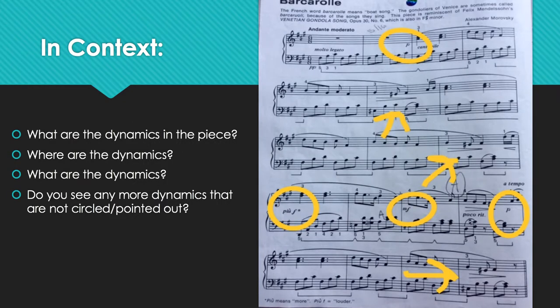So in context, we're going to look at how the dynamics are in this piece. So right here, I didn't circle this one. My bad. This starts out pianissimo, so very, very quiet. So let's say that's level 1. I'm sorry, this is level -1. This is level 1.